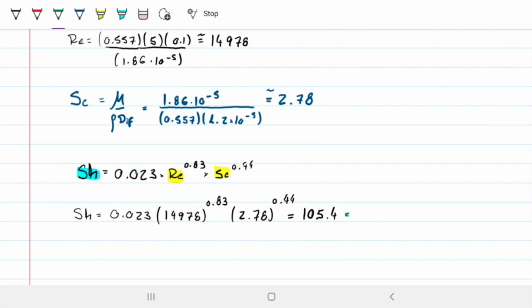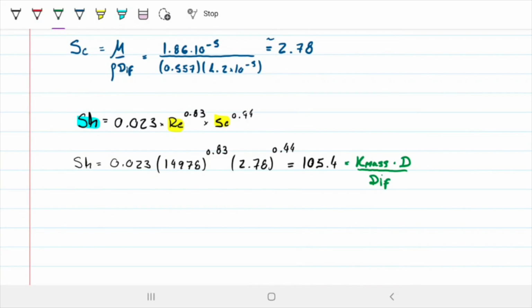We know this has to be equal to the K that I'm looking for, times the characteristic length, in this case the diameter, divided by the diffusion coefficient. So if we have all those things, this is trivial. K mass equals 105.4 times 1.2 times 10 to the minus 5, and I'm dividing everything by the diameter, which is 0.1 meters, or 100 millimeters, and this will be in meters per second.